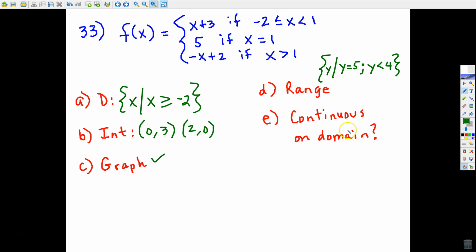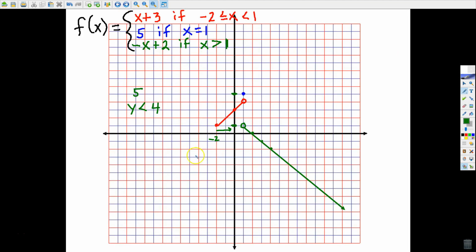Now the last thing we need to answer is, is it continuous on the domain? Well, the way to remember continuous is it should flow without any breaks as you move from left to right. And obviously this doesn't, because the red and the green are disjointed here, and also the blue.